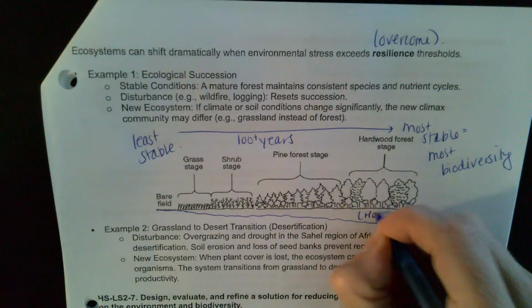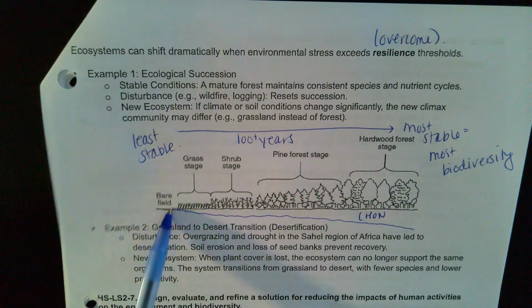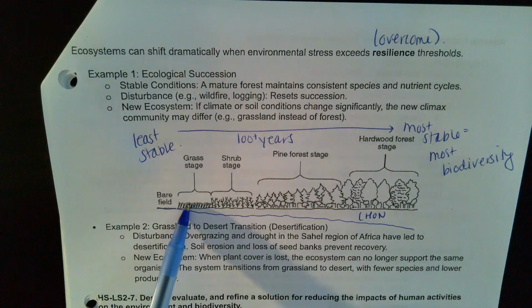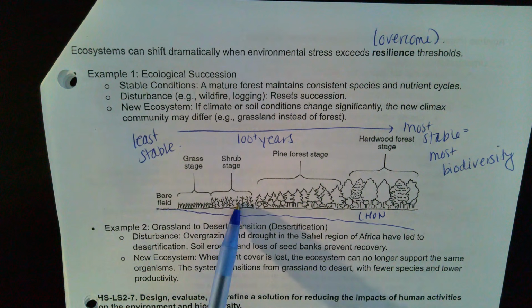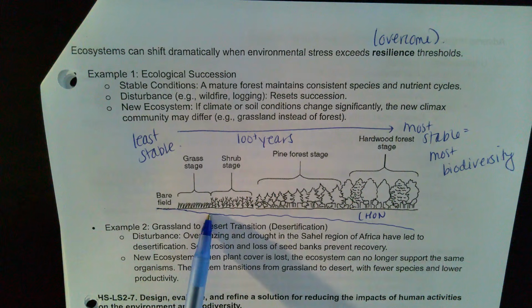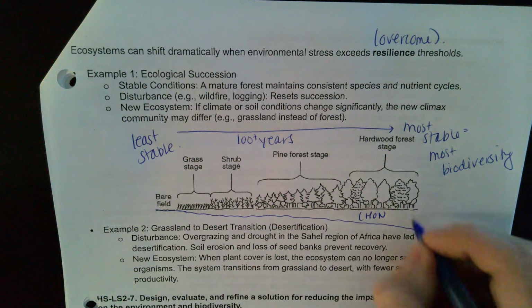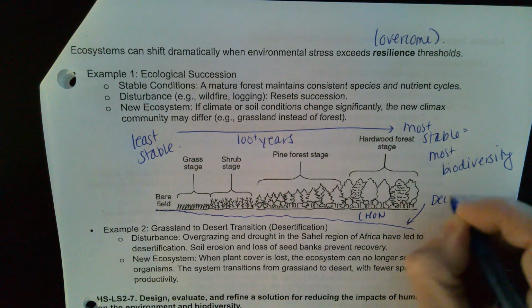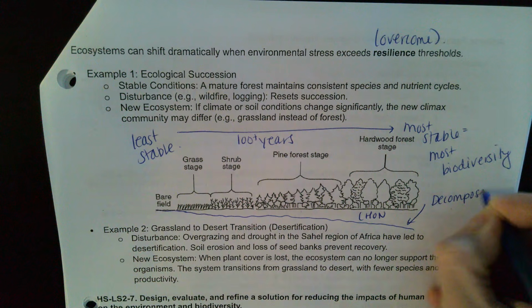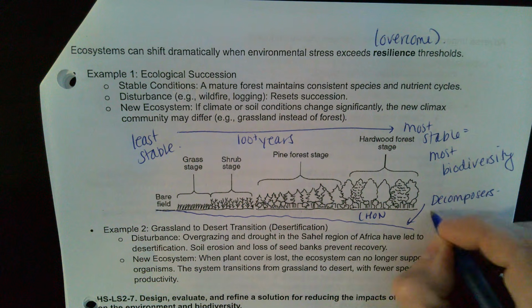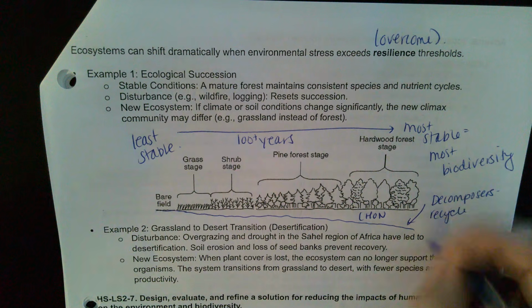And as time goes on, this bare field, grass winds up growing. The grass dies. When it dies, the decomposers recycle the dead grass. Here are the shrubs. Some of those are going to die or their leaves fall off, and then those get recycled back into the soil. Think about the pine needles. The pine needles all fall on the ground, and then the decomposers go and they recycle. And that makes the soil more and more suitable for bigger and bigger plants.